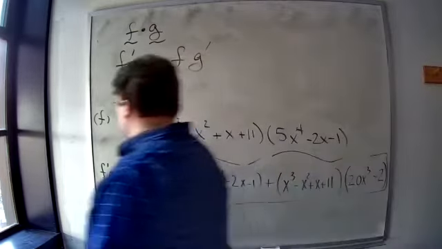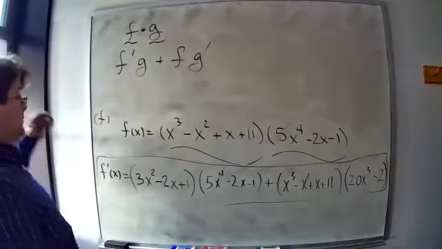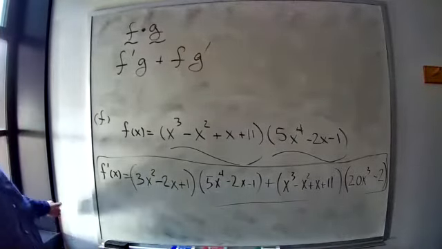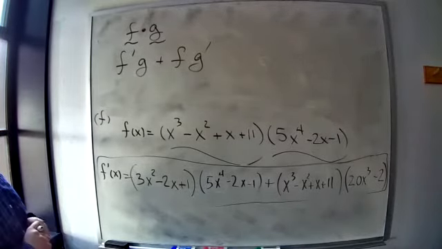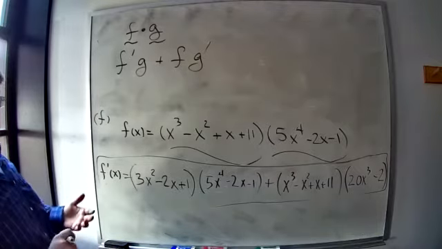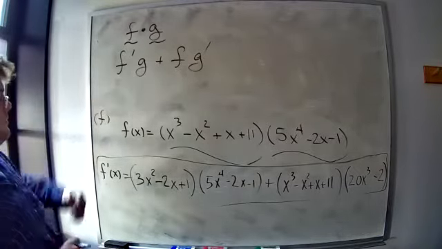And this is correct, and of course you don't have to simplify. Any questions about this one? So to take the derivative of a product, you need to use the product rule.